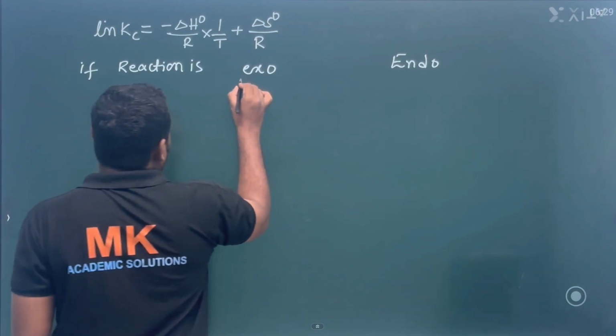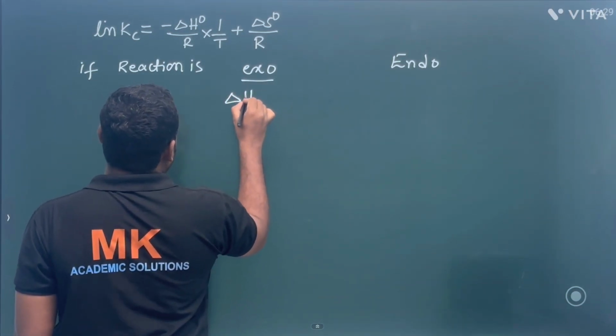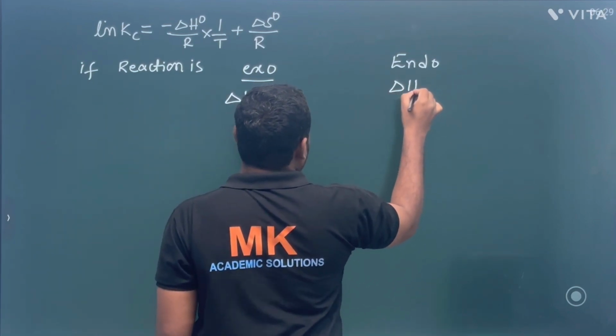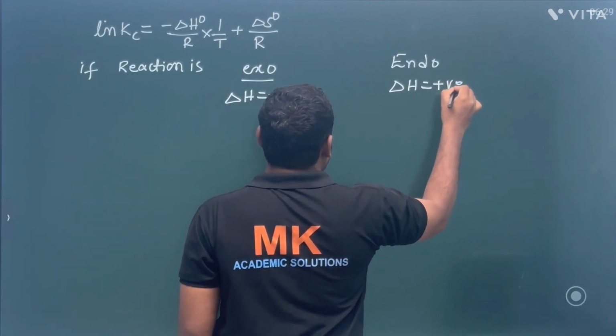For exothermic reactions, delta H is negative. For endothermic reactions, delta H is positive.